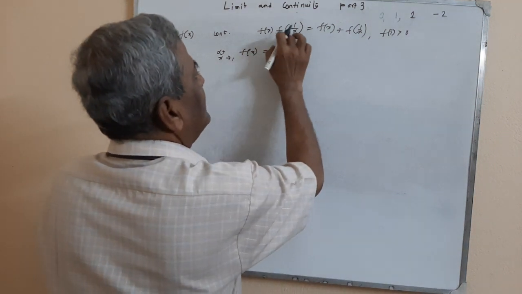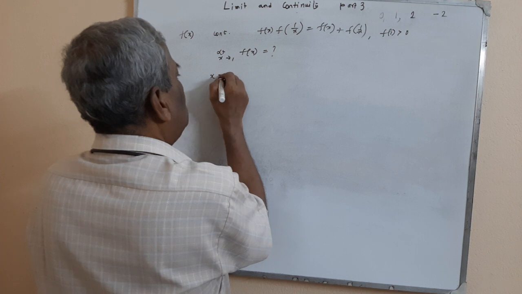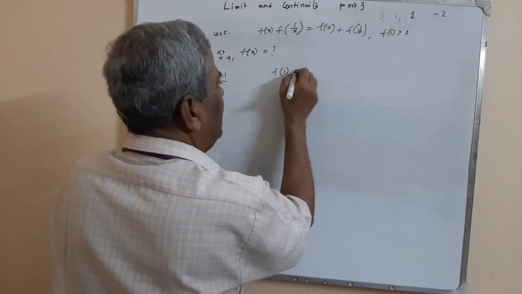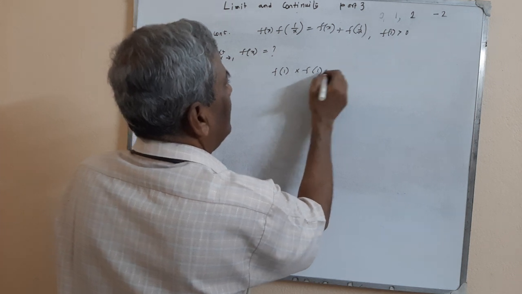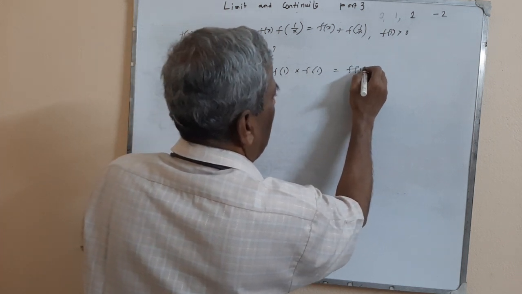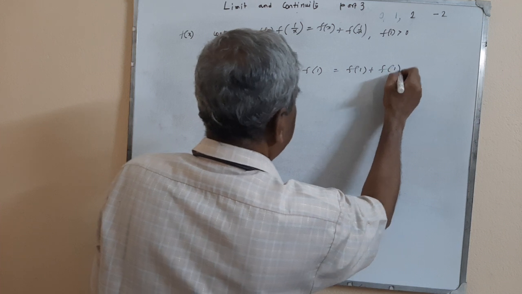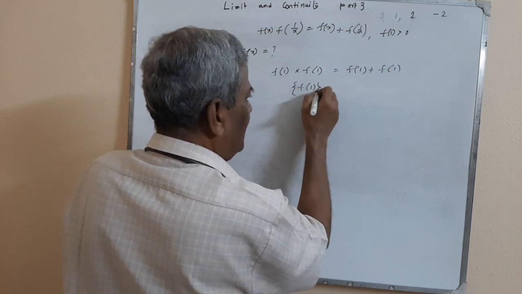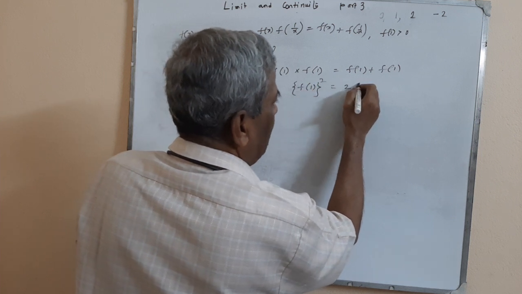From there, putting x is equal to 1, this becomes f(1) into f(1) is equal to f(1) plus f(1), so that f(1) square is equal to 2f(1).